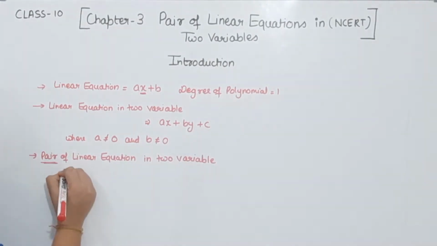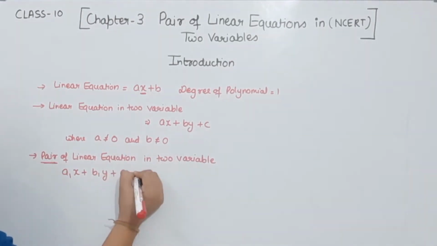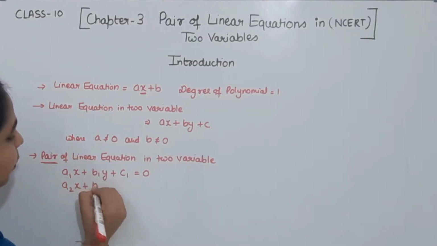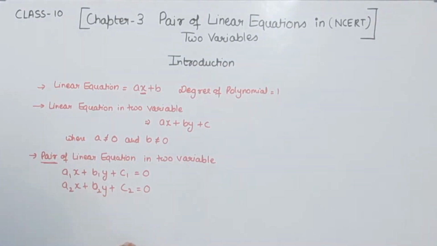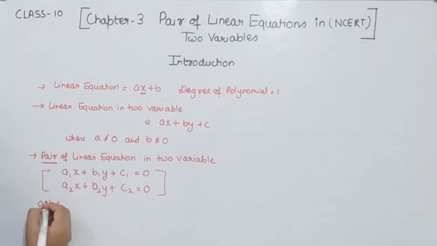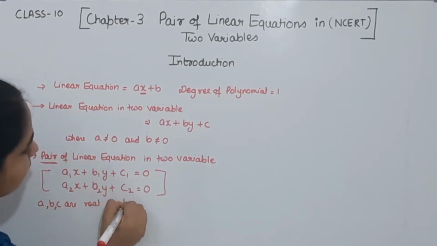So this one will be a1 x plus b1 y plus c1 equal to 0. This is the first equation, and a2 x plus b2 y plus c2 equal to 0 is the second equation. So these are the pair of linear equations in two variables, where a, b and c, whether it is a1 or a2, are real numbers.